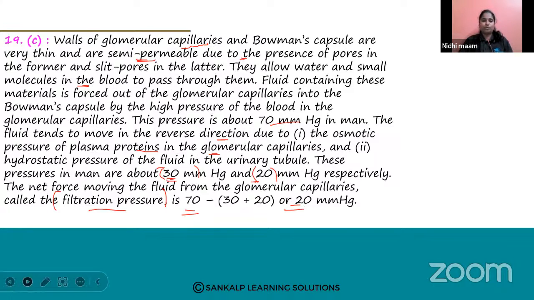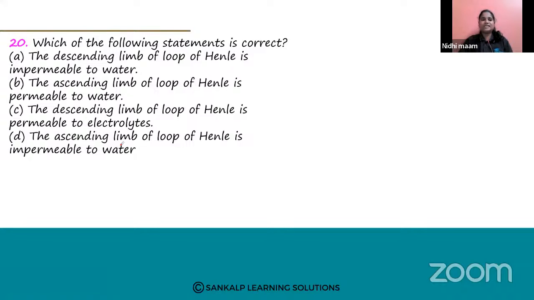Okay, next question. Which of the following statements is correct? The descending limb of loop of Henle is impermeable to water. The ascending limb, so let me explain the loop of Henle.